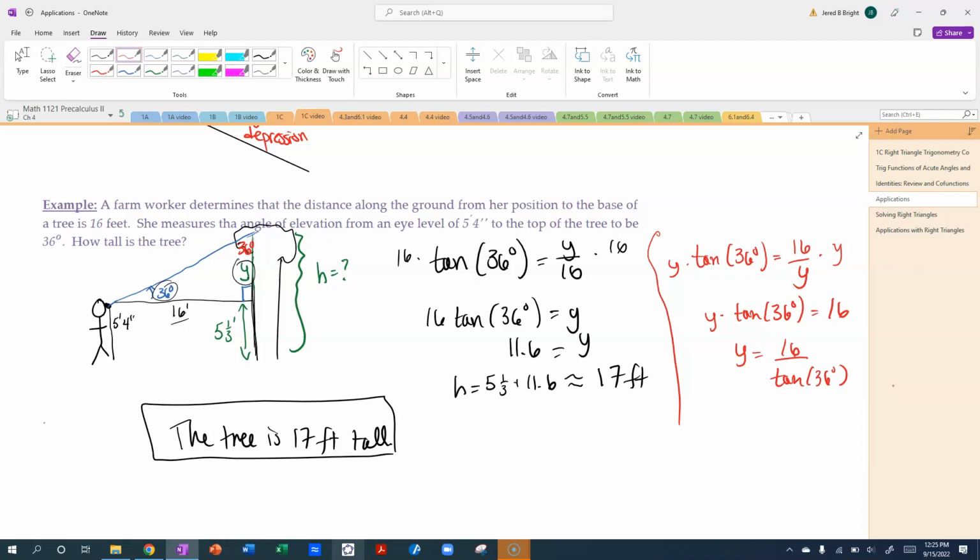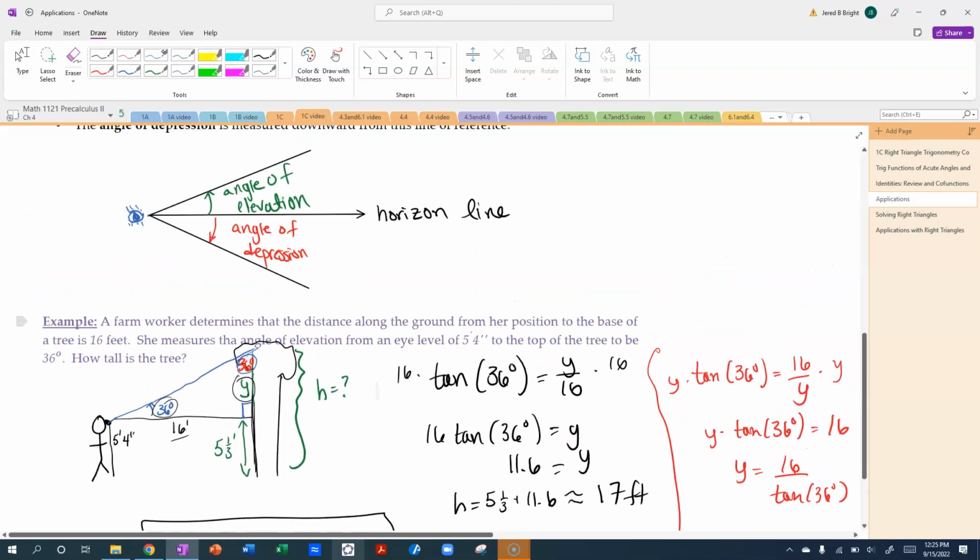So your final answer might look a little different, but conceptually you are wrong, because this angle of elevation is from the eye on up, or from a certain perspective on up. The angle that you're listing here would actually be the complement, or it should be the complement, so 54 degrees instead. Just be careful when you're setting that up, that you're always using angle of elevation and angle of depression appropriately.